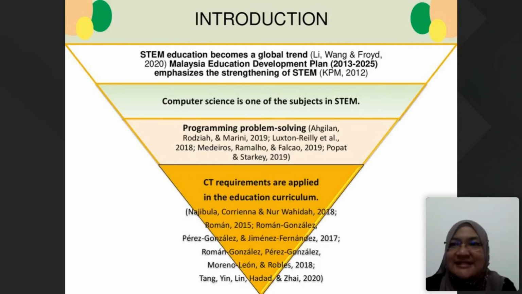Computer science is one of the subjects in STEM that is important for students to master. Programming skill at the matriculation level is a major skill for students to continue their interest in computer science to university level. At the matriculation level, many of the problems faced by students are in programming problem solving.